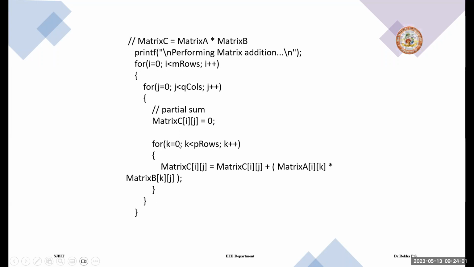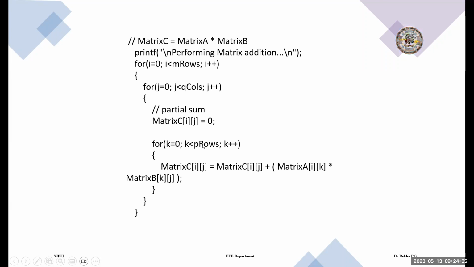So for k is equal to 0, if k is less than this value P rows, only then matrix C of i comma j plus matrix A of i comma k multiplied with matrix B of k comma j. The value will be stored in the corresponding matrix C i comma j. Now k is incremented. Again it will continue till k becomes less than P rows.